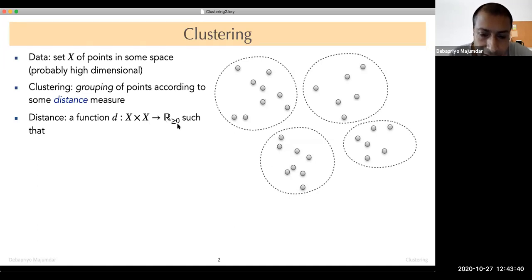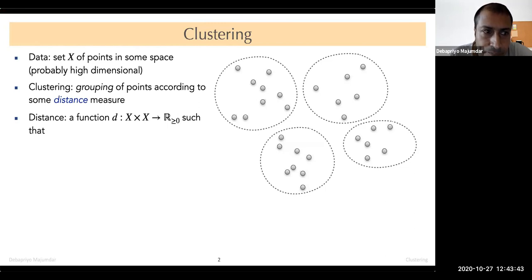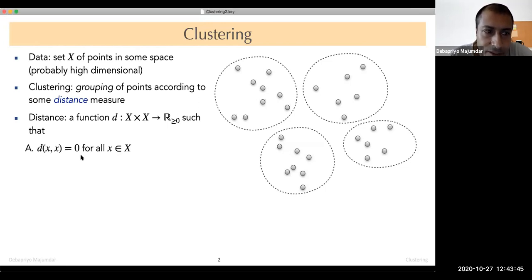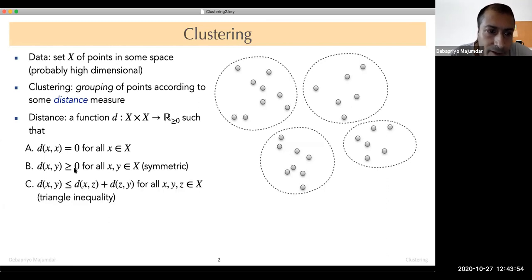That means real numbers, all numbers and zero, such that the distance from any point to itself is zero, and the distance between 2 points is always greater than or equal to zero, and it satisfies the triangle inequality, that if you go from X to Y directly, the distance will be smaller than or equal to if you go from X to Z and then Z to Y, via some other point.